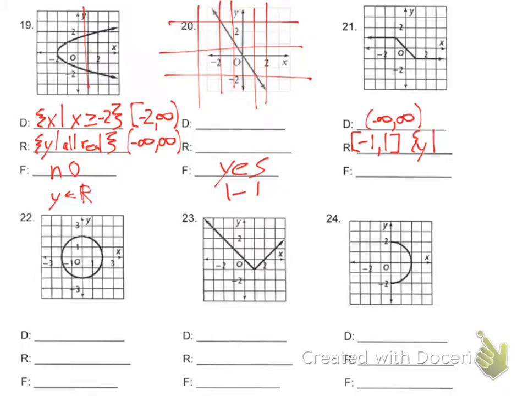Well, we could use two of them, or I could use one compound inequality and put y in the middle, right? So y is between negative 1 and 1. So negative 1 is less than or equal to y, which is less than or equal to 1. So therefore, it's just one inequality versus two.